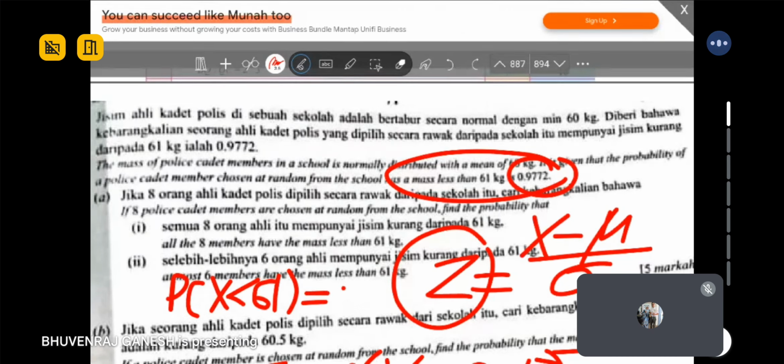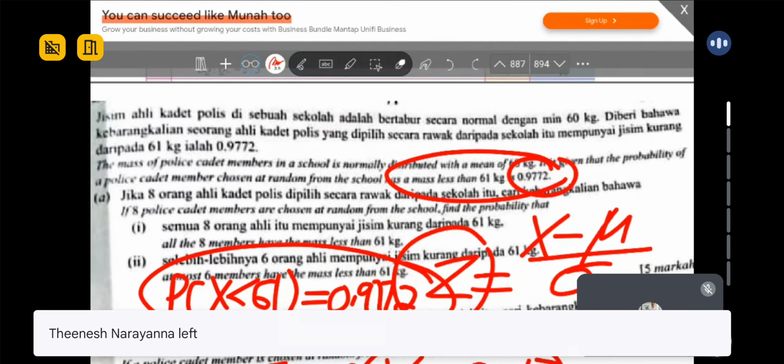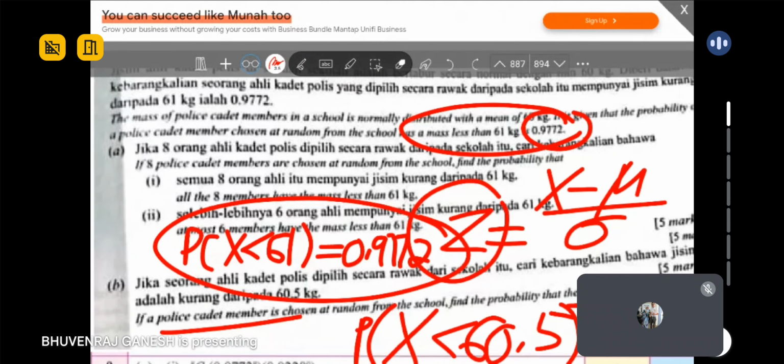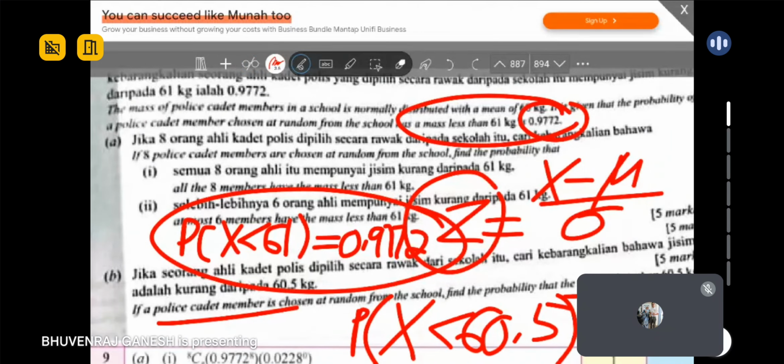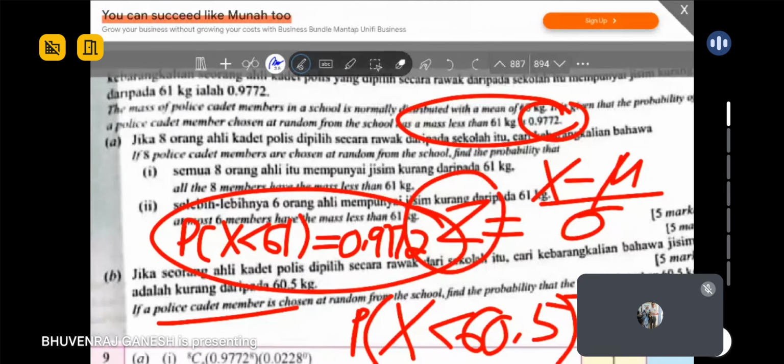So you can actually just solve this equation. You convert X score to Z score: 61 minus 60 divided by standard deviation. Now you check and see. You all tell me, is my inequality sign correct to read the table?